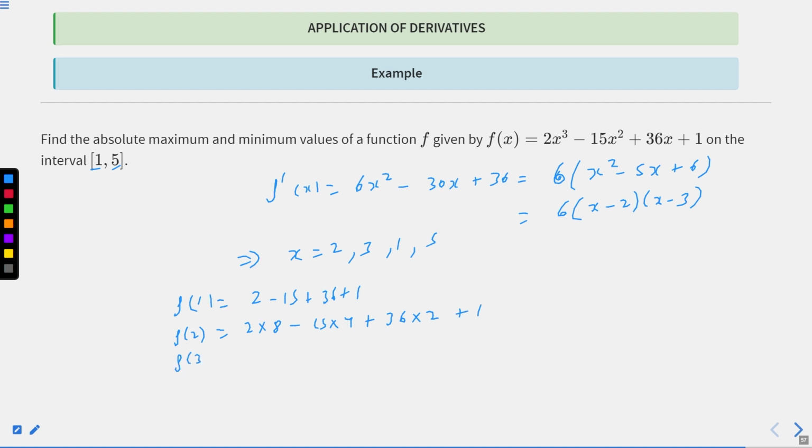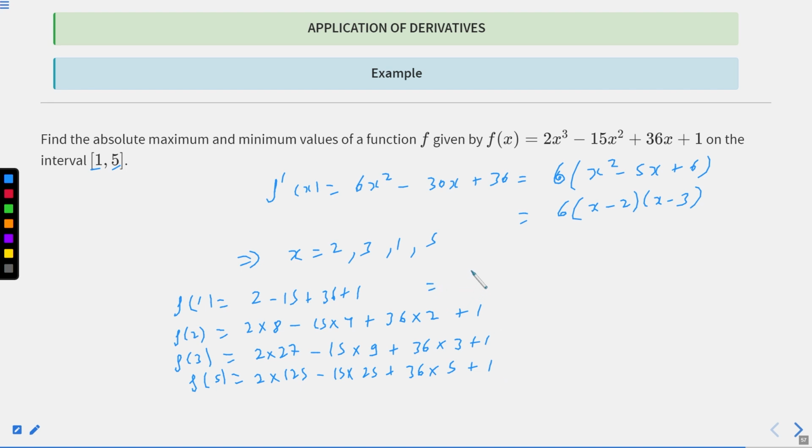Now f of 3 will be 2 multiply 27 minus 15 multiply 9 plus 36 multiply 3 plus 1. Now f of 5 will be 2 multiply 125 minus 15 multiply 25 plus 36 multiply 5 plus 1.